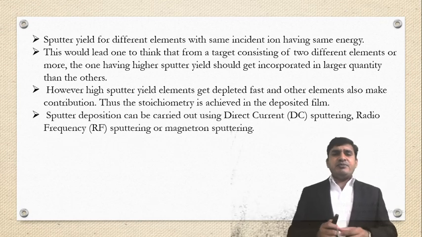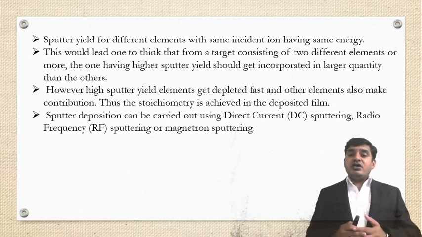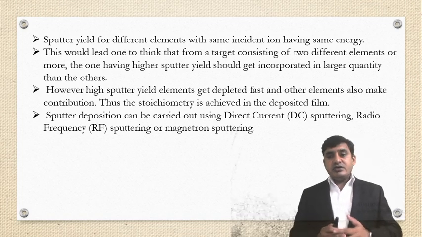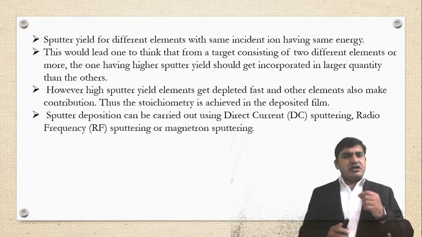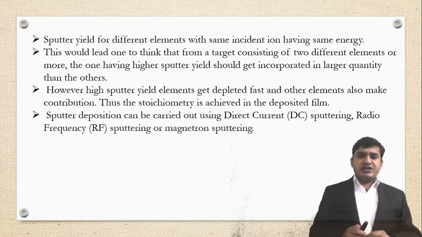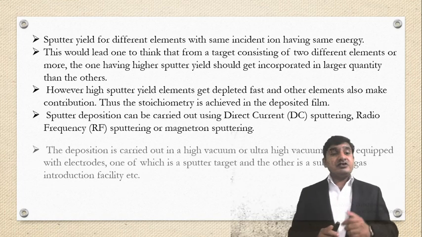Sputter deposition can be carried out using direct current, that is DC sputtering, radio frequency sputtering, or magnetron sputtering.